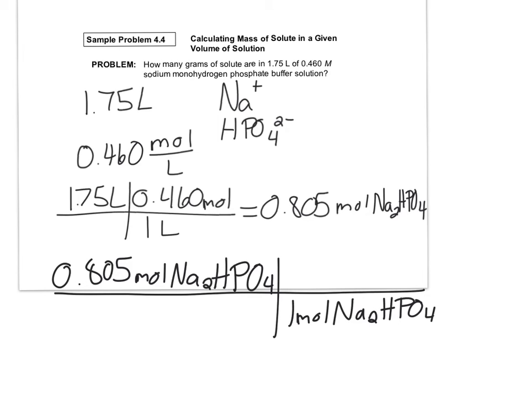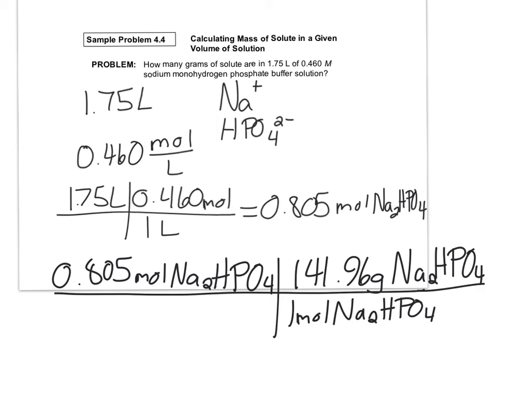So I've got 2 sodiums plus the molar mass of 1 hydrogen plus 1 phosphorus plus 4 oxygens. And let's see, I get 141.96 grams in 1 mole of that, directly from the periodic table, right? I added all of those atoms together to get that.